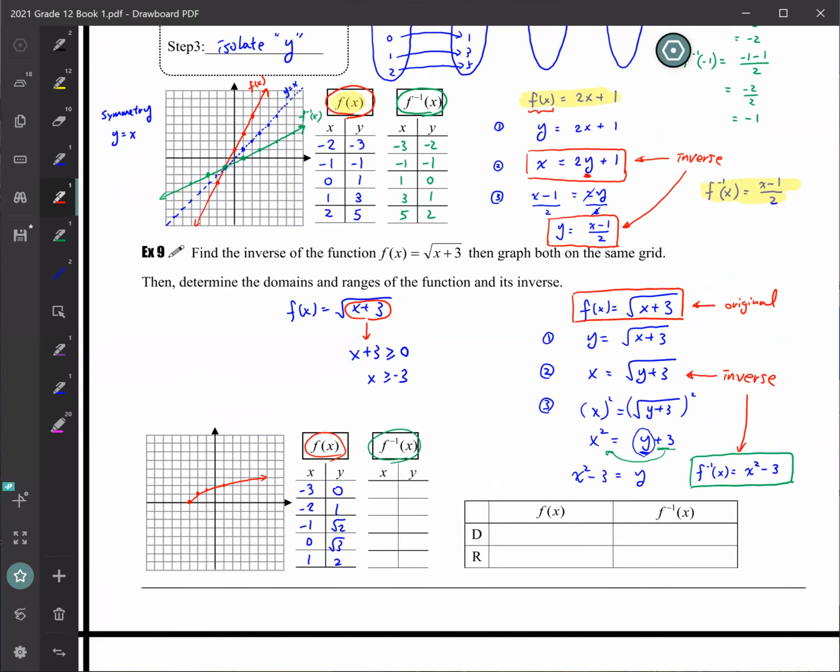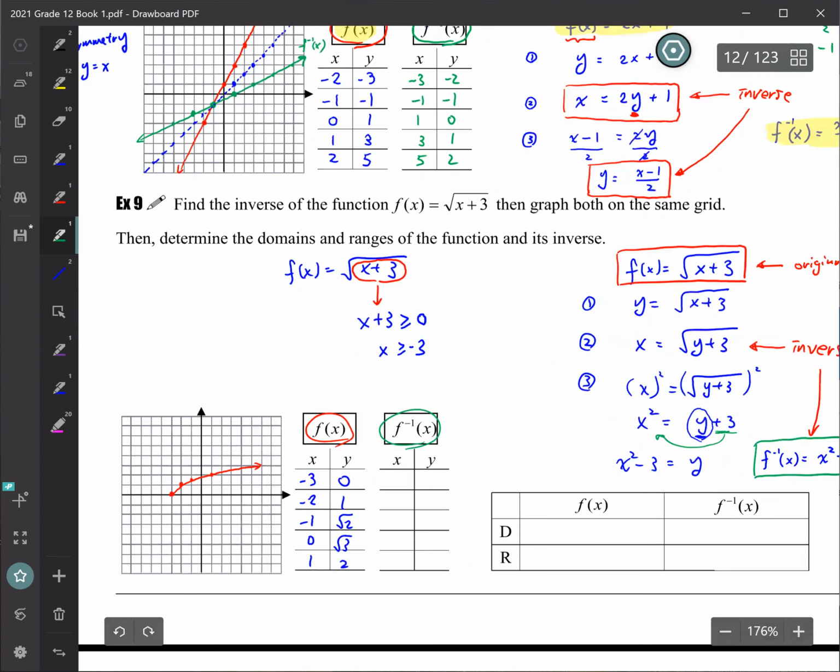Anybody know? Any suggestions? Based on what we learned in the last questions, how can we get the points very quickly? Yes, Claire? Just switch the y and x. Yes, okay, because we already got the table, right? So very conveniently, we just switch them. So -3, 0 is gonna be 0, -3, right?